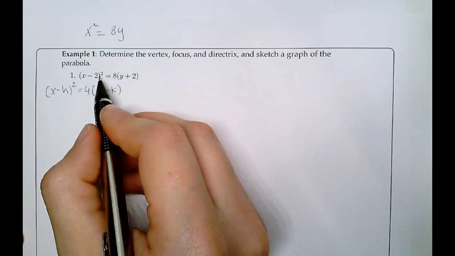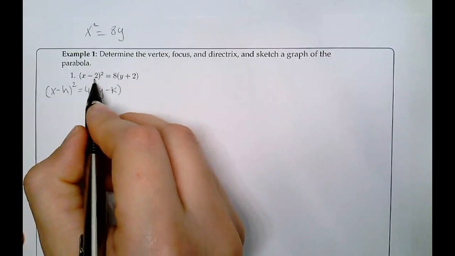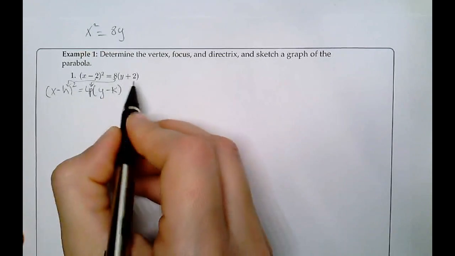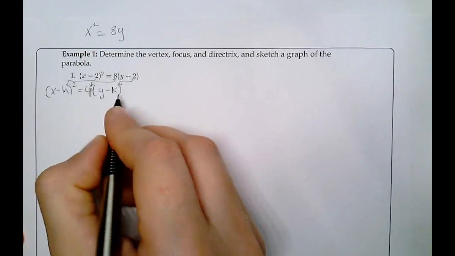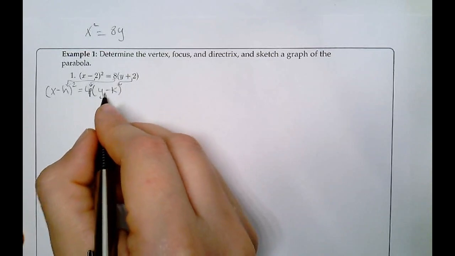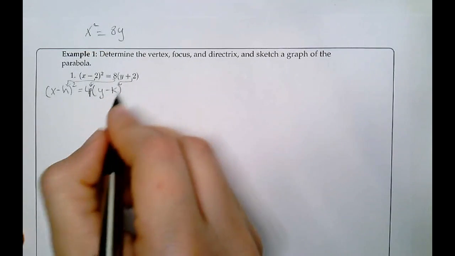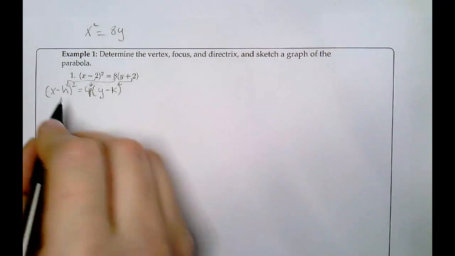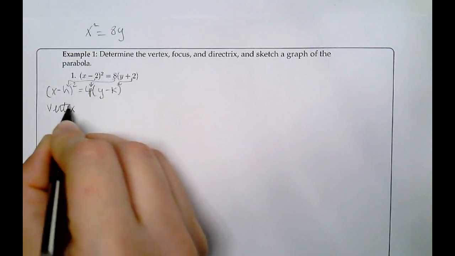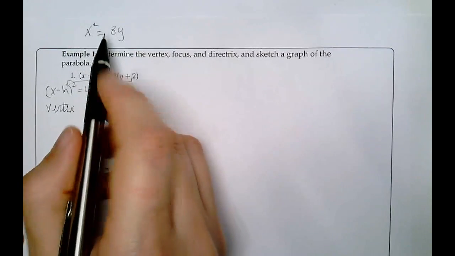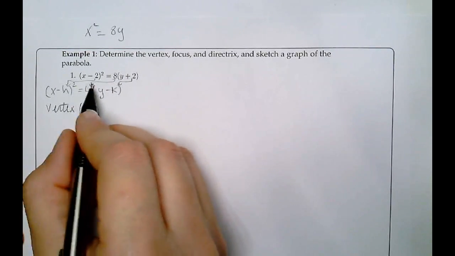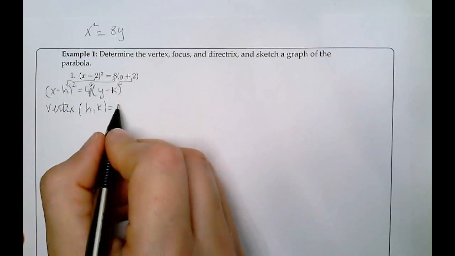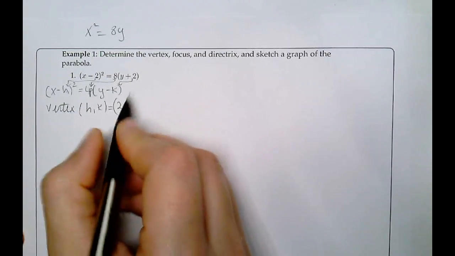So in our case, I can see that the h is 2, and that the 4p is 8, and that the k is minus 2, because y minus negative 2 will give you y plus 2, and that will give us that k is negative 2. So we get that the vertex moved from the origin to h, k, and in our case, h is 2 and k is -2.